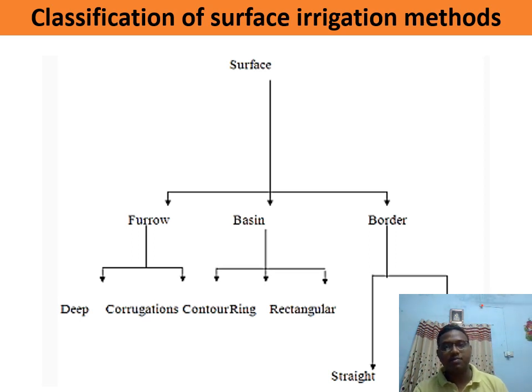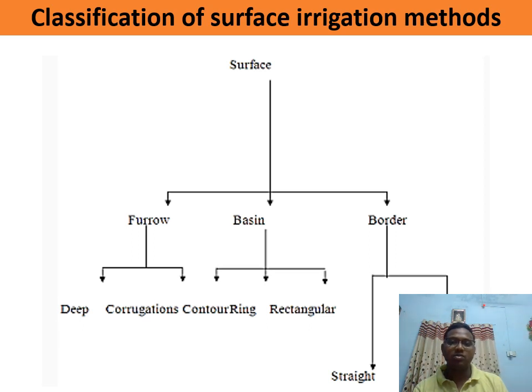There are some other irrigation methods which you might know, that is sprinkler irrigation and drip irrigation method. That is also irrigation, but here we classify only those based on gravity flow.